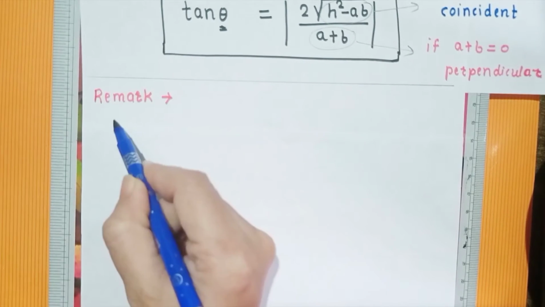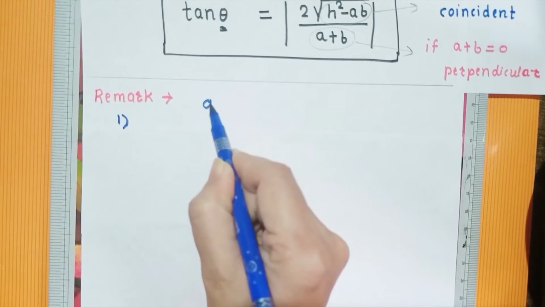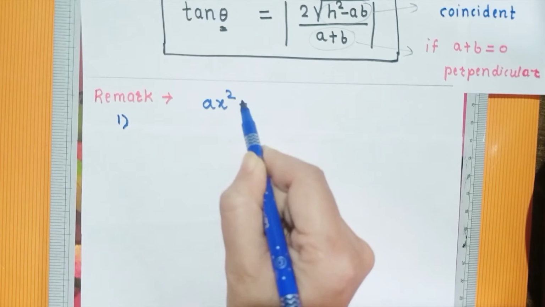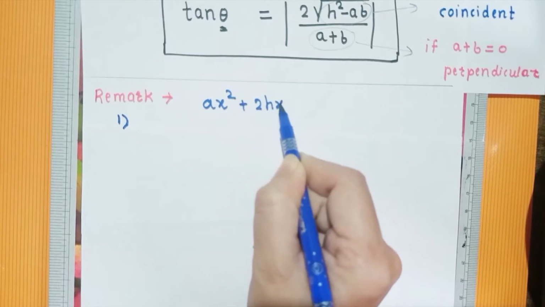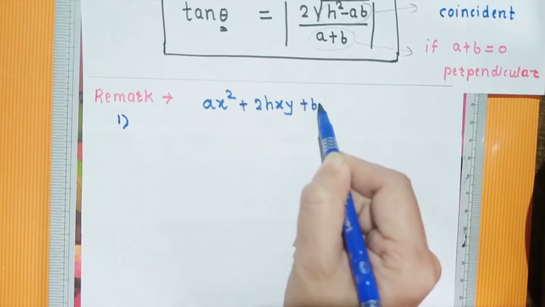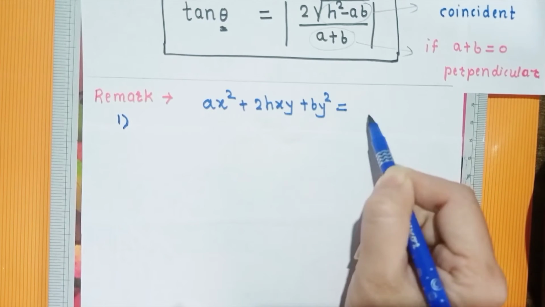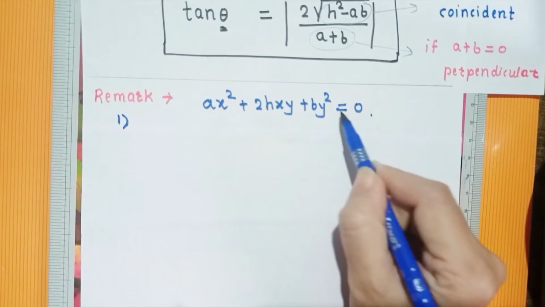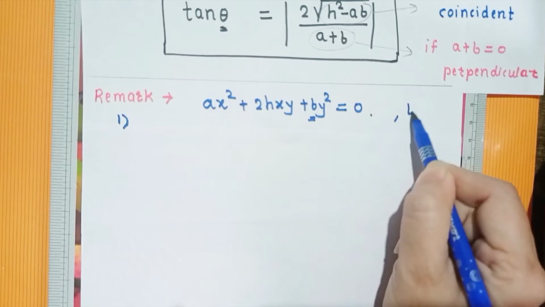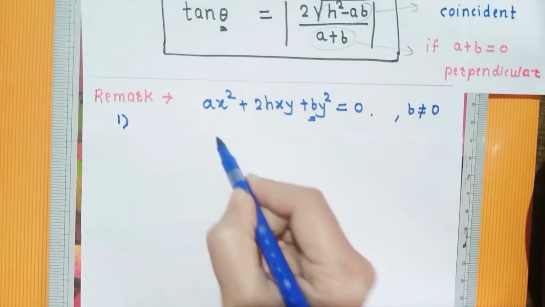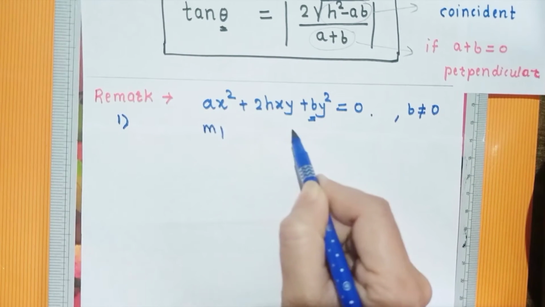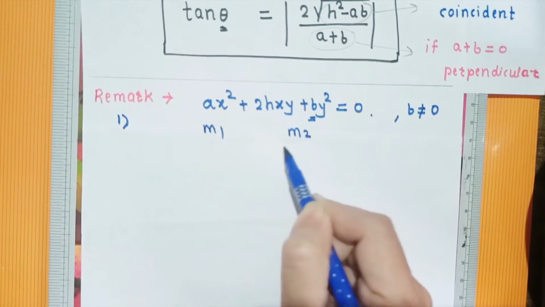We know that the homogeneous equation of degree 2 is given by ax square plus twice hxy plus by square equal to 0, and if b is not equal to 0, then m1 and m2 are the two slopes.